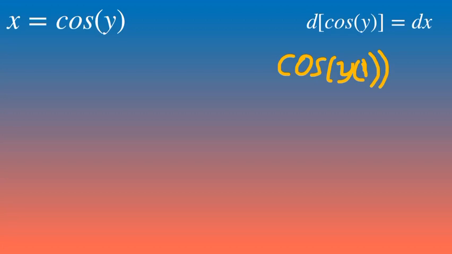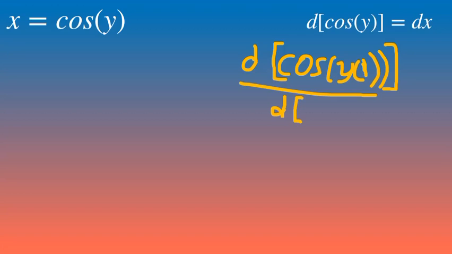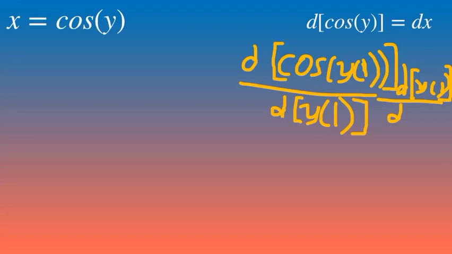So let's treat y as its own function, cosine of y of x. And now let's do the implicit input thing with the chain rule. So the derivative of this with respect to y, because we want to do it with respect to x eventually, times the derivative of y of x with respect to x.